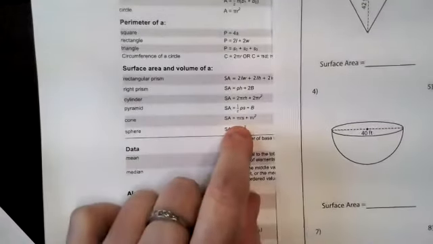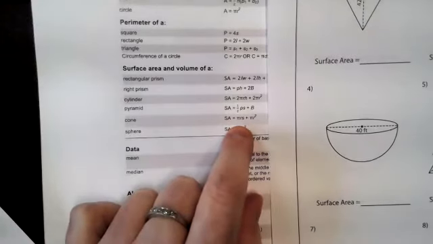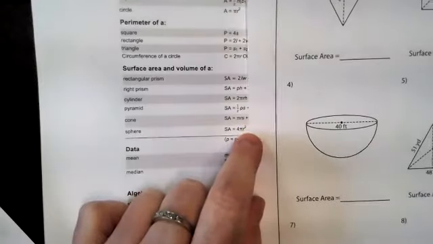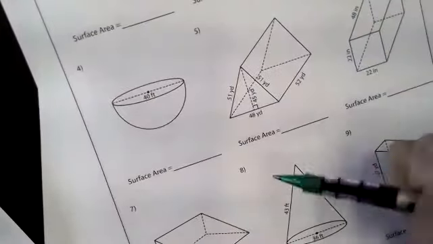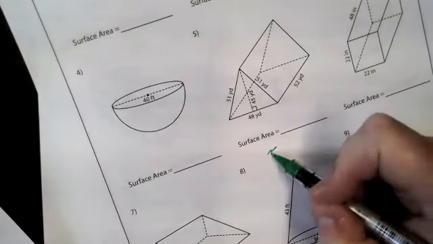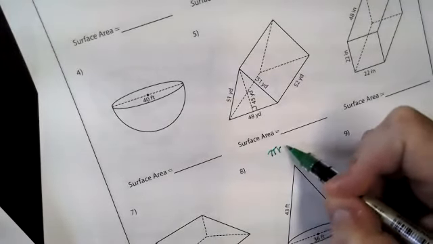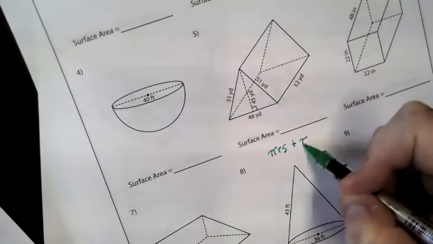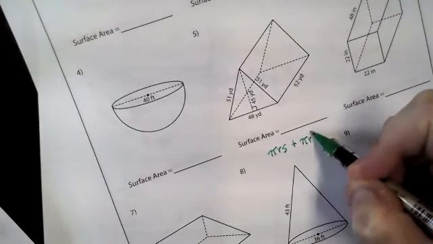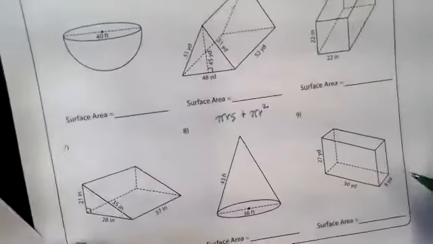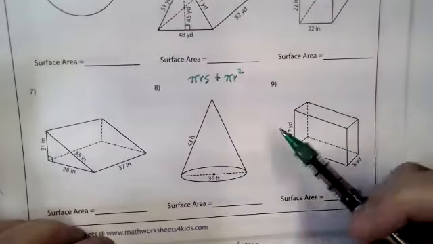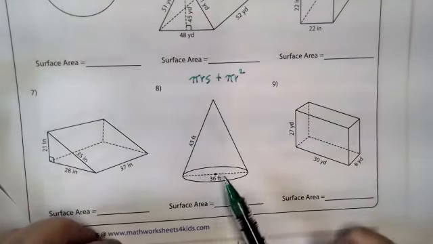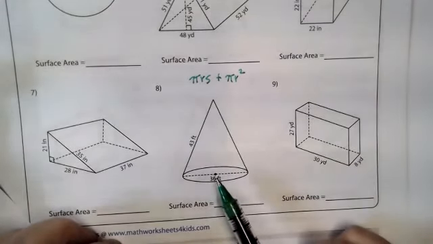The formula for a cone is pi times radius times side plus pi r squared. Let me get that written down so you can see it. What's interesting about this formula is this portion includes the solid bottom, the circle on the bottom.